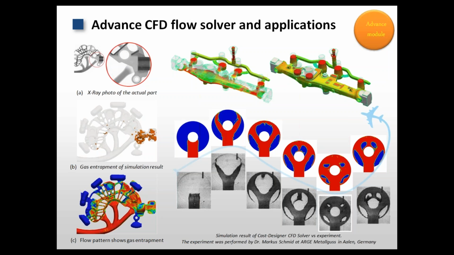The FVM is much better for the feeding process, but it costs a lot of time. So this is an advanced module for the customer to purchase. In the basic package, you use the FEM solver to check the simulation in a very short time.